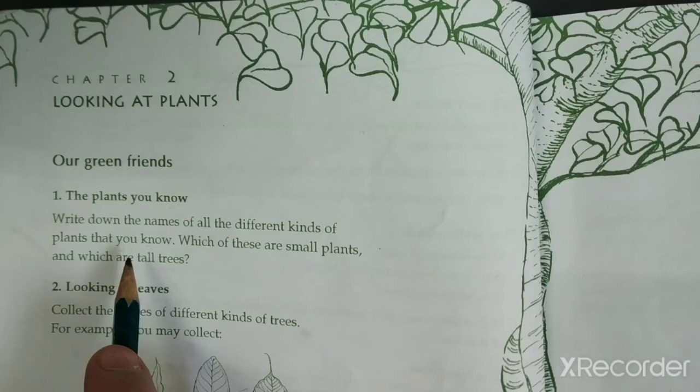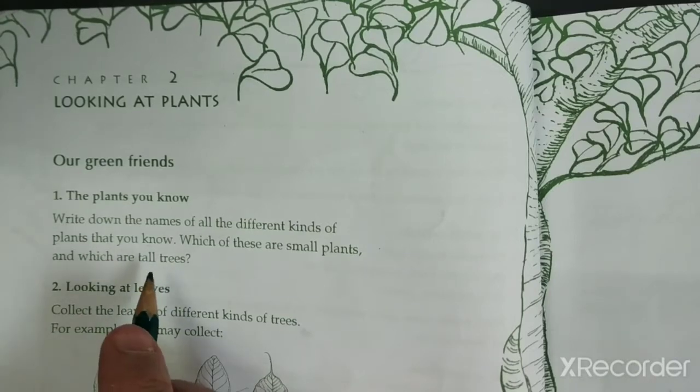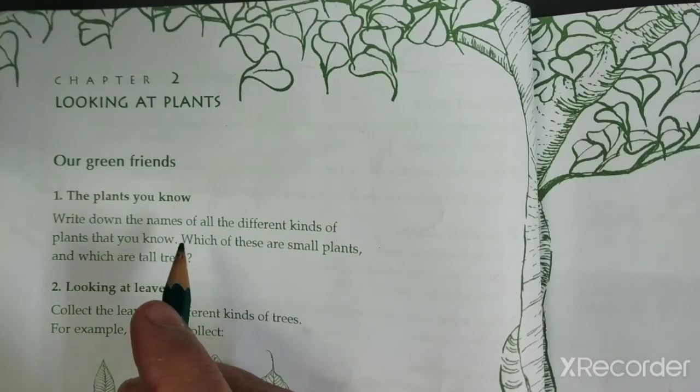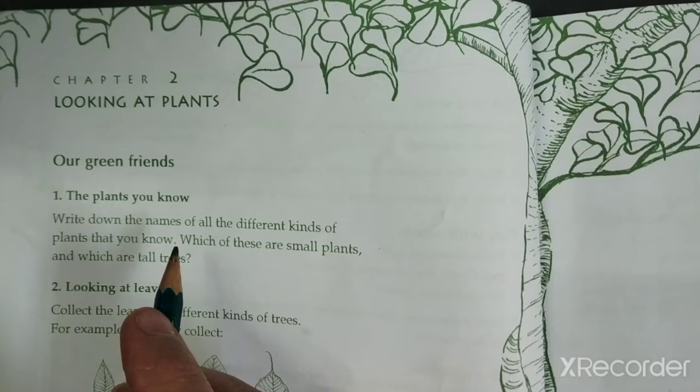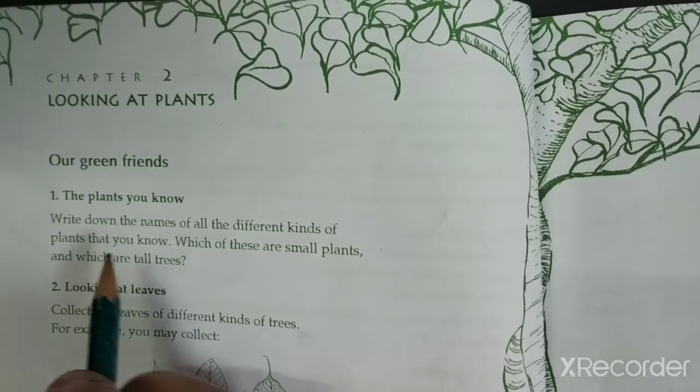A few plants you might know and can identify, but there will be a few plants which you won't be able to identify. So in this chapter, children will learn more about plants and leaves, and how to find the texture of the bark. Okay, let's start the reading.